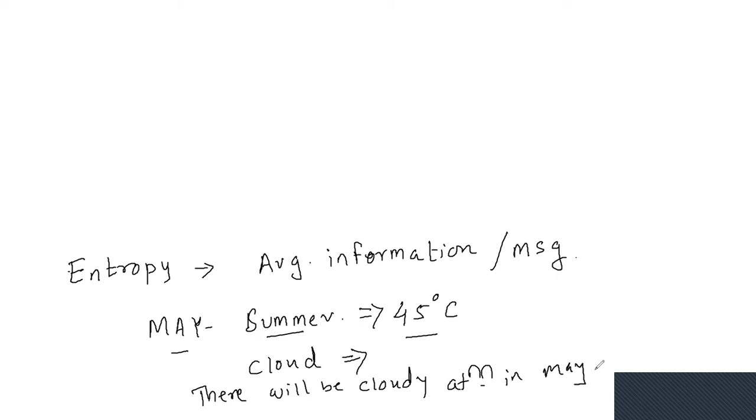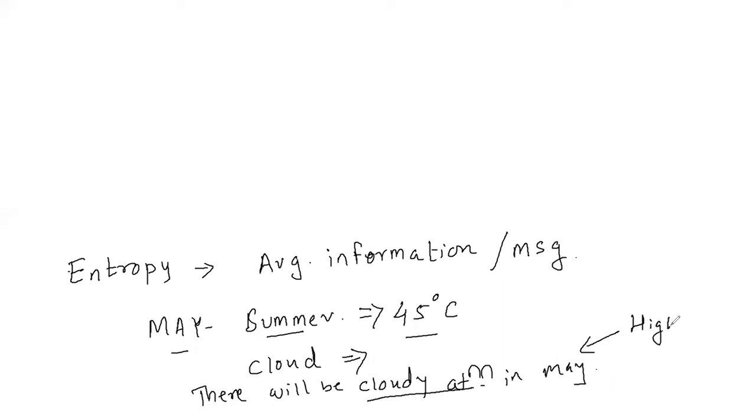So this is the text message, right? Here we see that there is a very less probability of having a cloudy atmosphere in the month of May. Therefore we can say that the information in this message is high. Okay, if I tell you that there will be summer and temperature will be 45 degrees, then the information in this will be low. Are you getting the meaning of probability in the message?